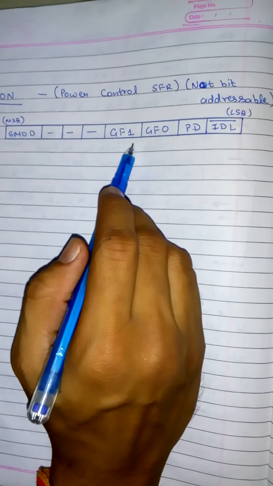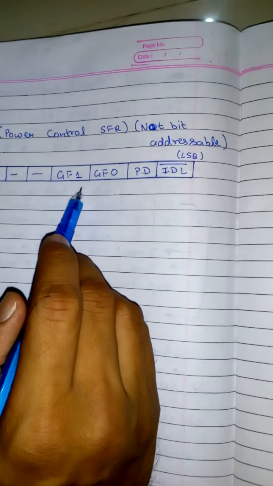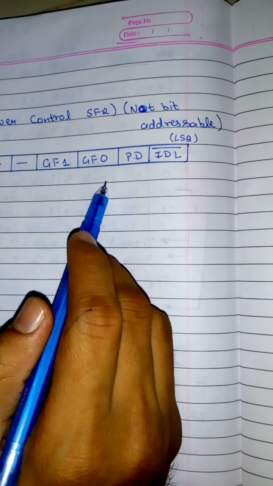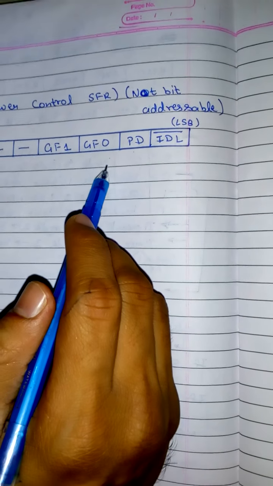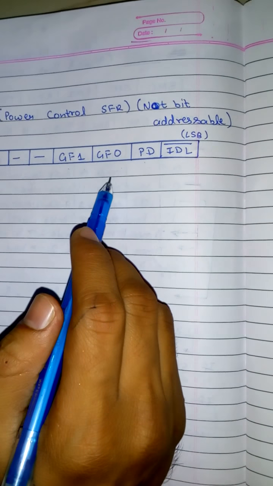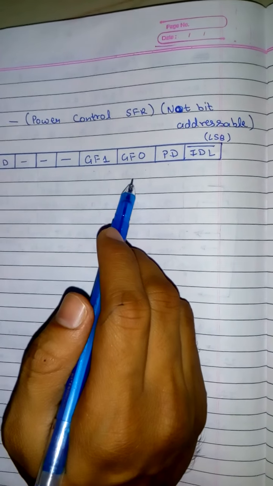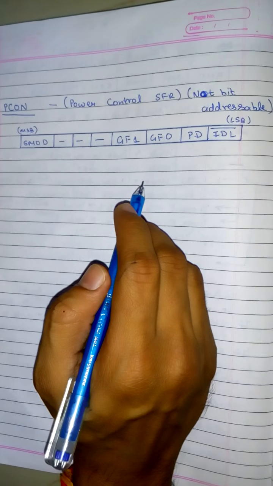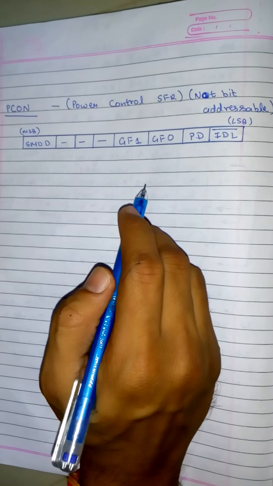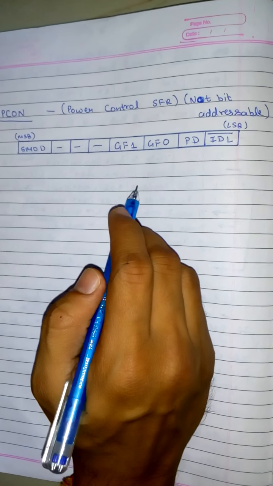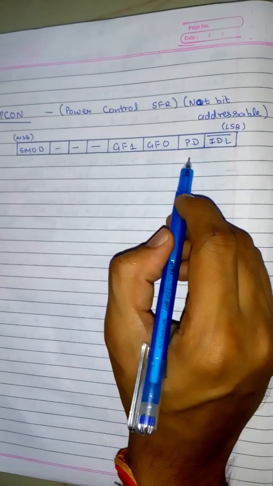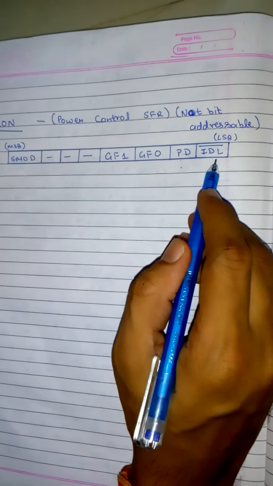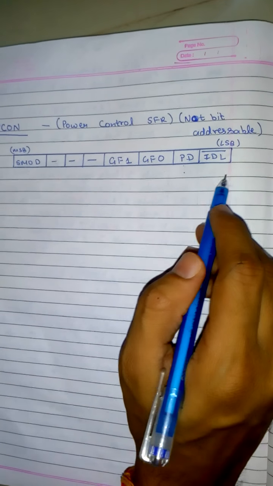GF0 and GF1 are general purpose flag bits, and they give an indication about the interrupt, whether the interrupt occurred in normal mode or in power down or idle mode. PD is power down, and IDL is idle mode.